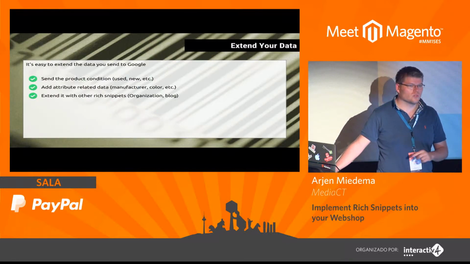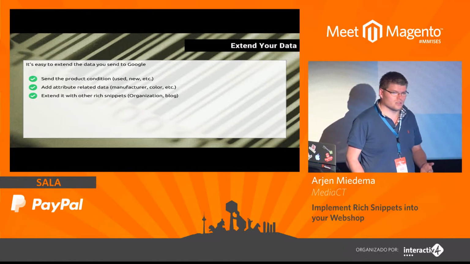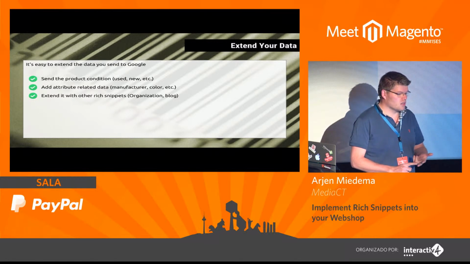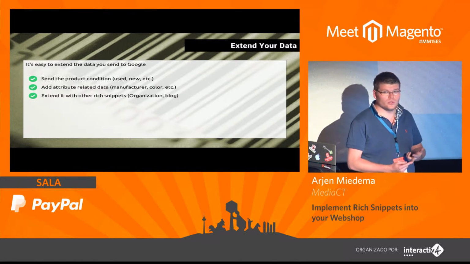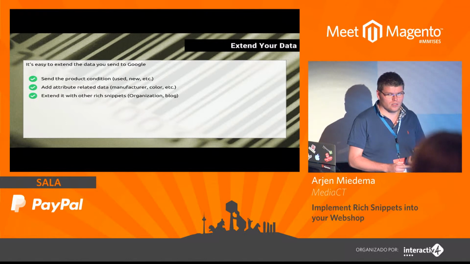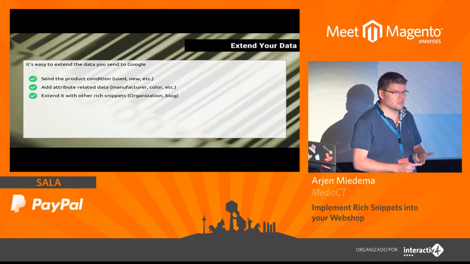And of course, it's also possible to extend your data. Like I said, you can add specific attribute information, like your manufacturer, your color, if a product is new or used, or whatever you want. The main thing is that you should check the Google documentation to see if it's actually used.